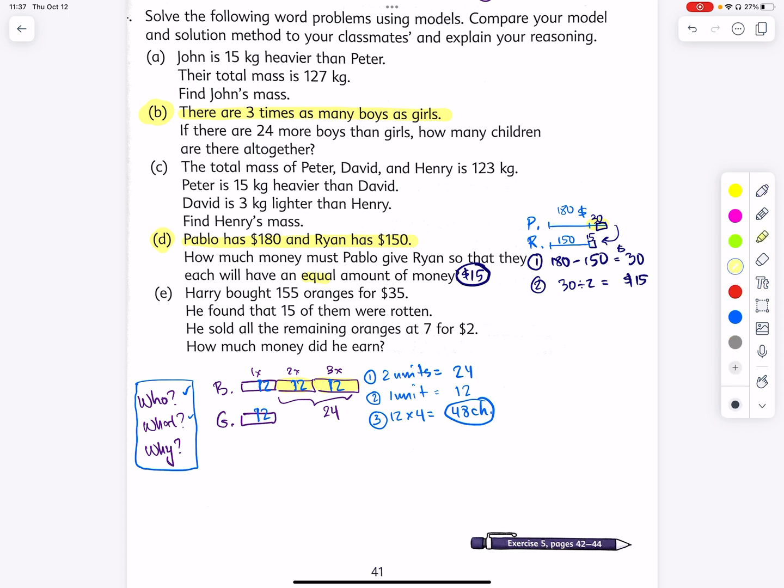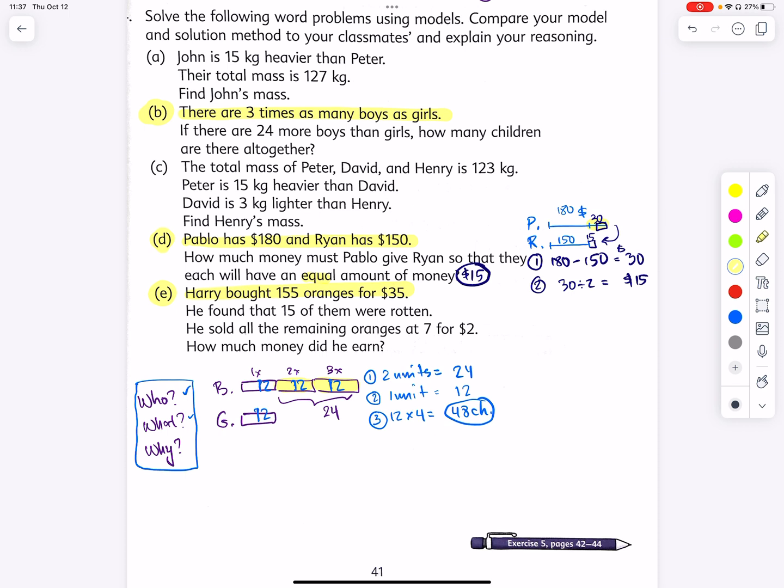Let's take a look at problem E. I am on problem E. I'm not erasing my solutions because I want to make sure you guys can see that. Let's read problem E. I'm going to highlight the first sentence. Harry bought 155 oranges for $35. He found that 15 of them were rotten.